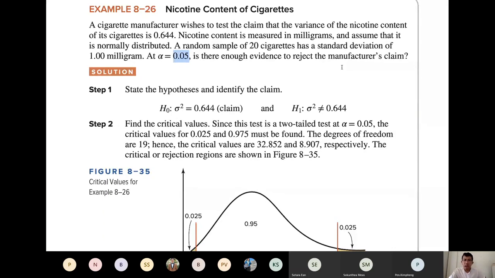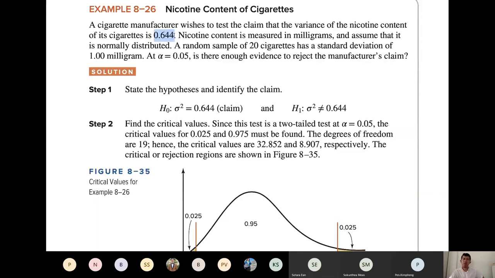We claim that the nicotine content is just this. Maybe according to the law they have to restrict a certain variance of the nicotine inside cigarettes.